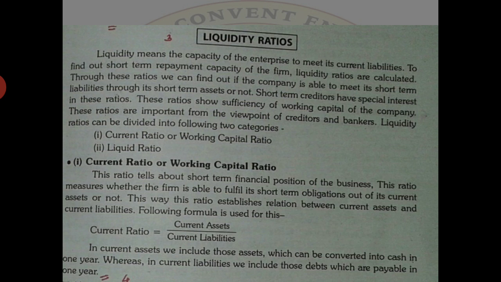In chapter 11 and 12, you studied that current assets are those assets which can be converted into cash within 12 months, and current liabilities include those debts which need to be paid within 12 months, that is, within the period of 1 year.